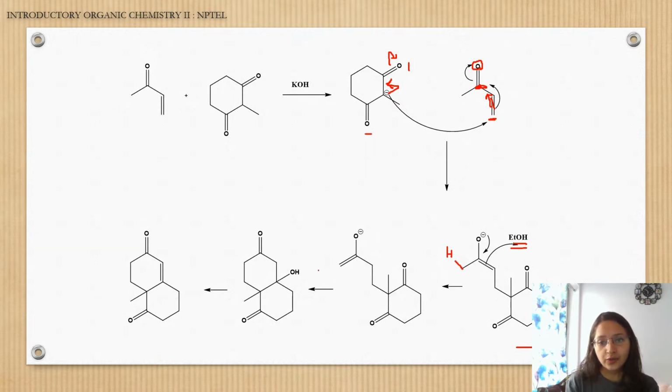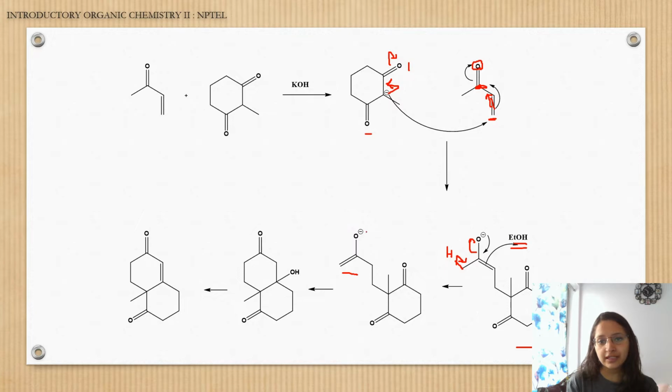So now, after the abstraction of the proton by the base, this kind of system is getting generated, as an enolate formation, it is now going here, and this carbonyl which is coming down will again go up.